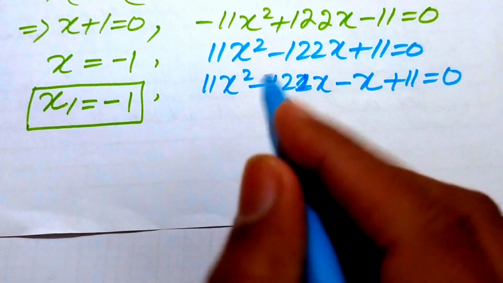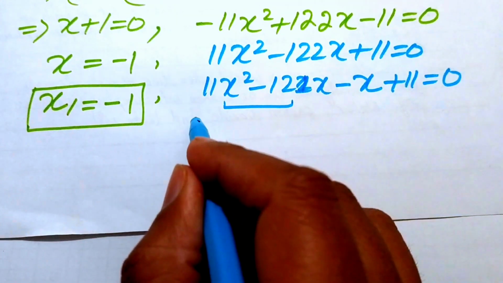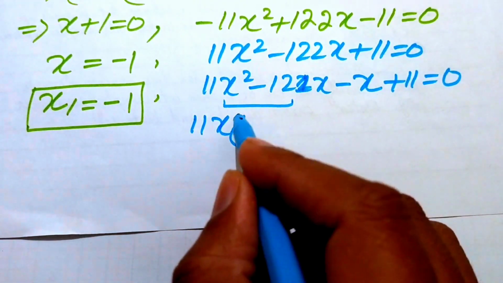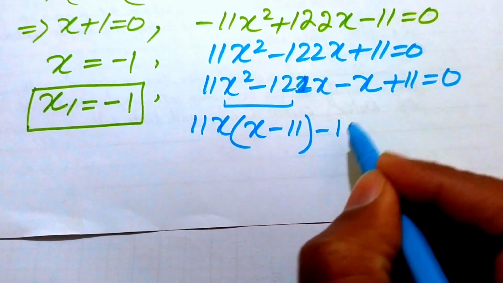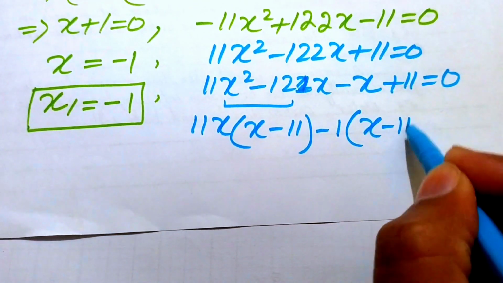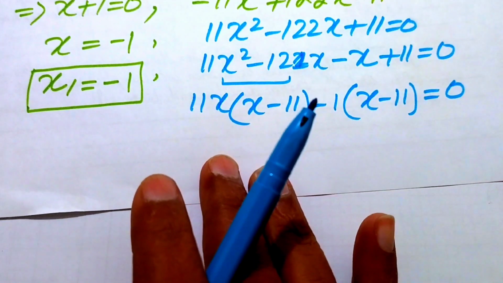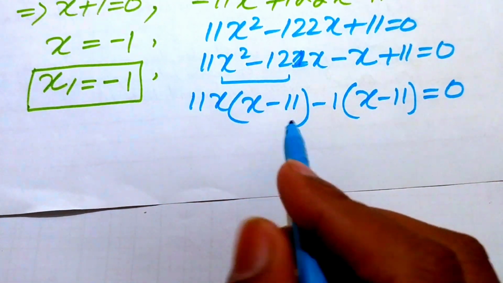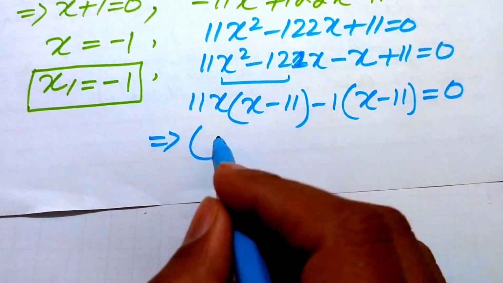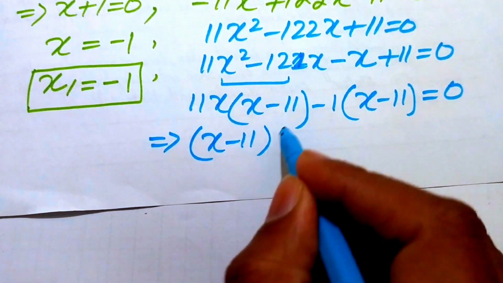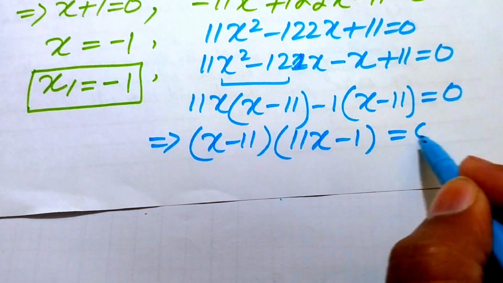So here we first take common 11x in the first two terms and we get 11x into x minus 11, and here we take common minus 1 and we get x minus 11 equals 0. So in the next step, you see we have x minus 11 as the common term in this equation, and we have x minus 11 times 11x minus 1 equals 0.